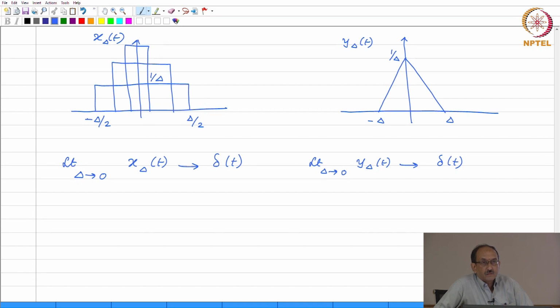Hint is signal and its transform, continuous time Fourier transform, your rectangular pulse, right, its transform is sinc. As the pulse width becomes larger and larger, in the limit the pulse becomes what signal?